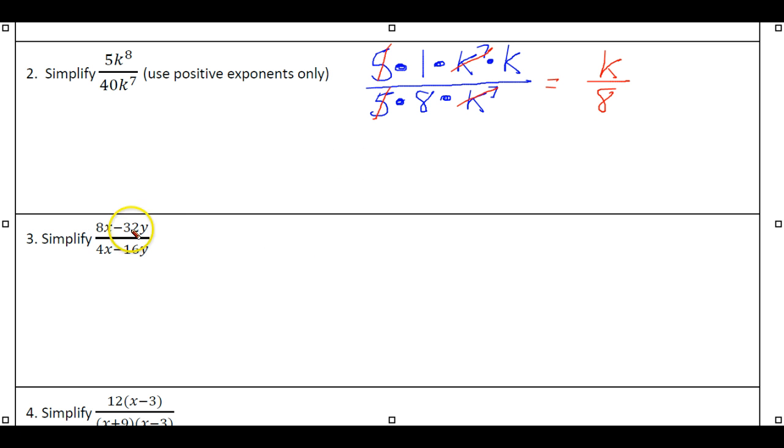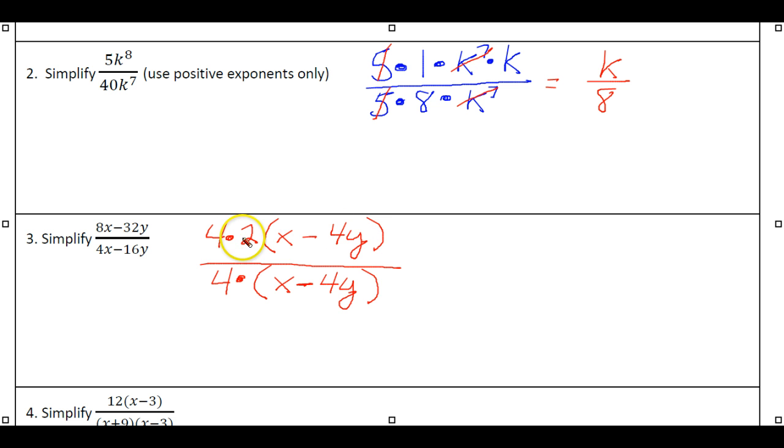Now in example 3 we have binomials, so we're looking for common factors within these binomials. Give you a chance. As we look at this one, we see we could take an 8 out of each term, but then I saw I could take a 4 out of each term down here.